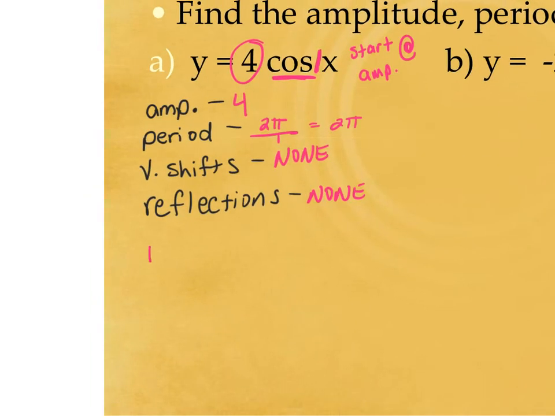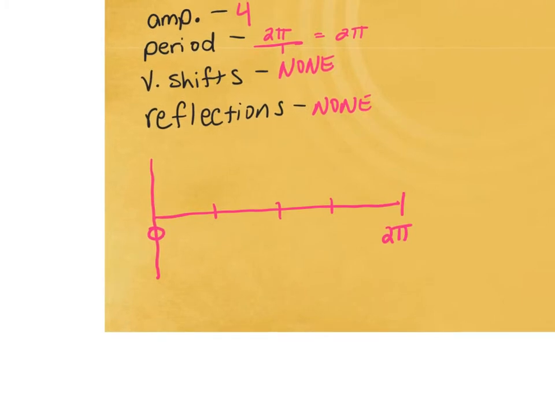All right. So if I was going to graph this, I know that I start here at 0 and I end at 2 pi, right? Because that's my time period, 2 pi. One whole time around the unit circle. Now I've got to find the quarters, the pieces in the middle. I've got to find the 15, 30, 45, 60 if I was thinking on a clock. So to find those little tick marks, you take the whole time period, which is 2 pi, and divide it into fourths.